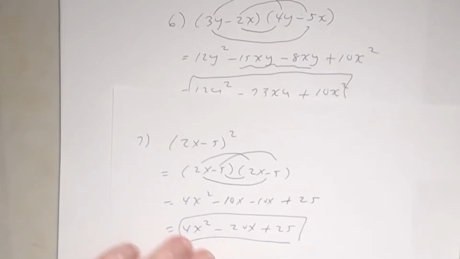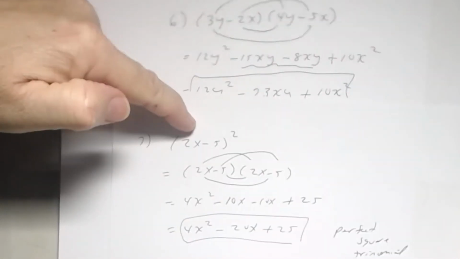All right. Now this right here, if you recall, when you get this trinomial, that's called a perfect square trinomial. Just go ahead and write this down for right now. The reason it's called a perfect square trinomial is because you got it by doing what to this binomial?